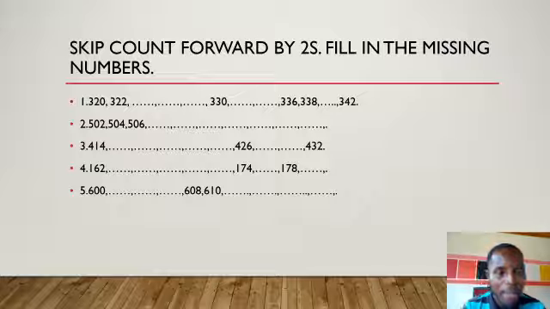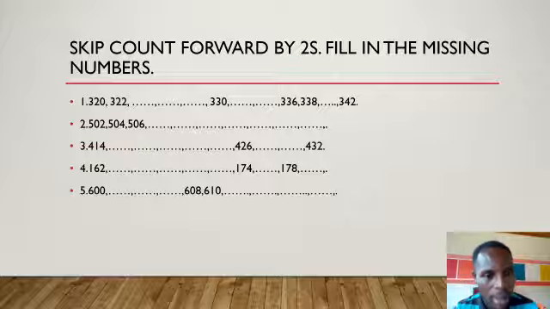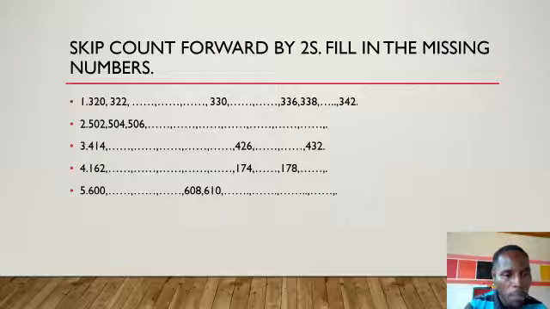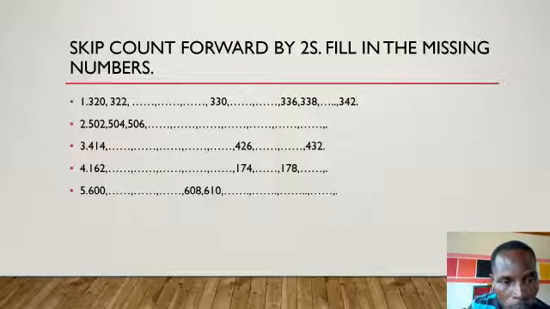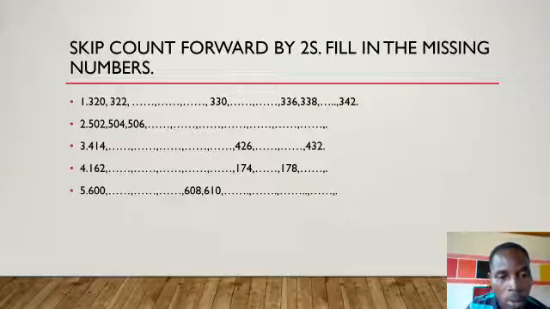So the first number is 220. 220 plus 2, you have 222. So the next number will be 224. The next number, 226. The next number, 228.